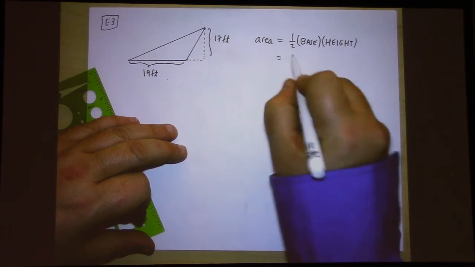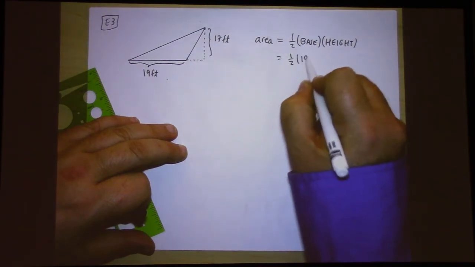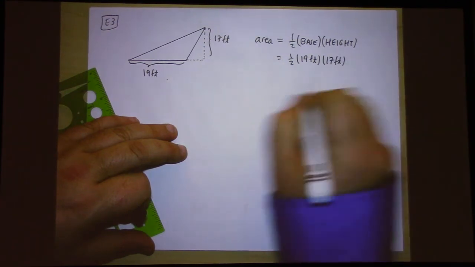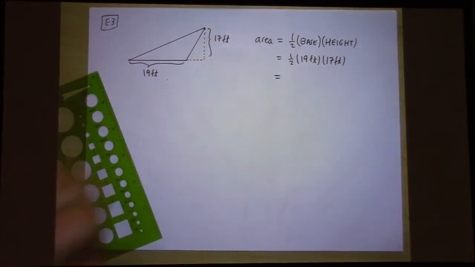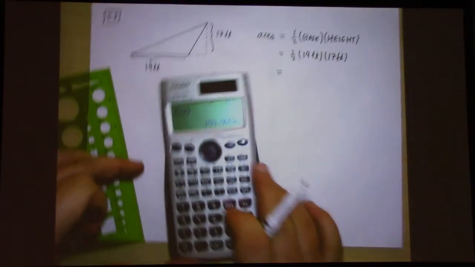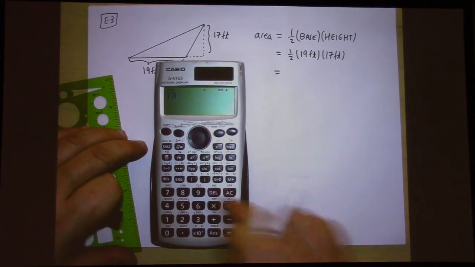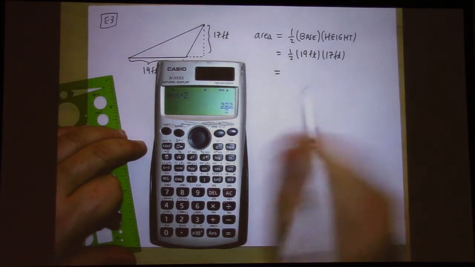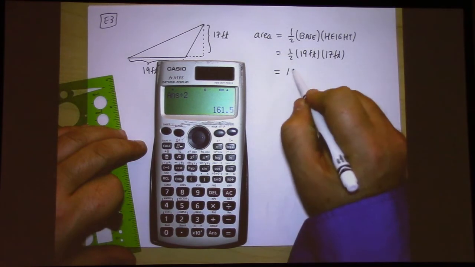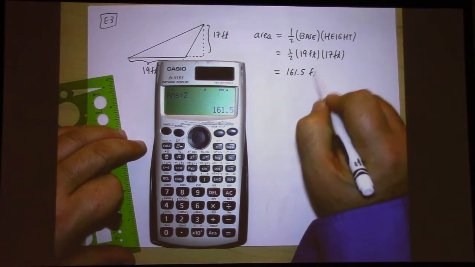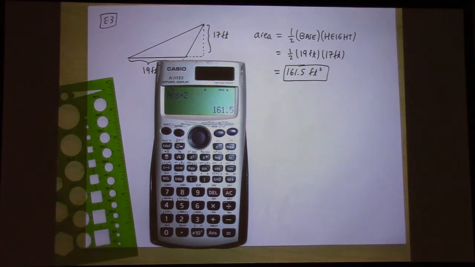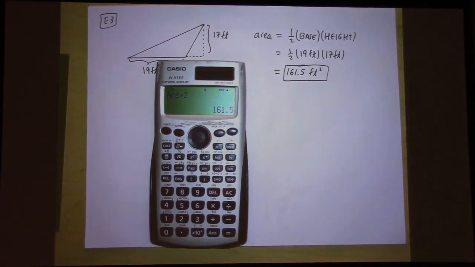So here, that's 1/2 of 19 feet times 17 feet, which is, let's see here, 17 times 19 is 323, divided by 2, 161.5 feet squared would be my answer here. Any questions about this? All right.